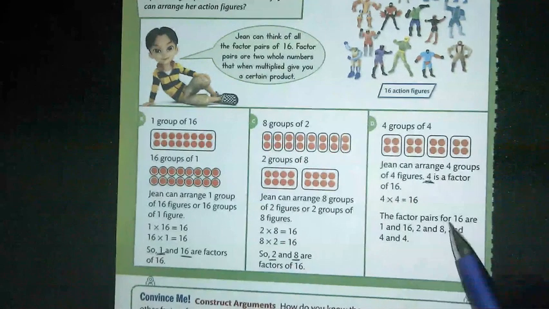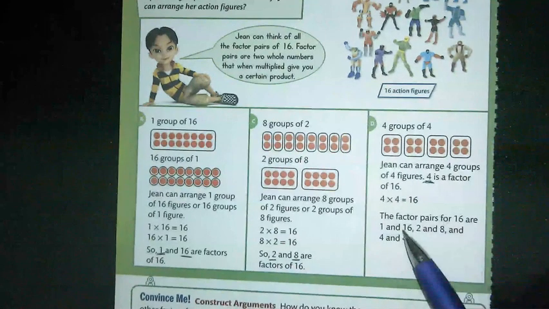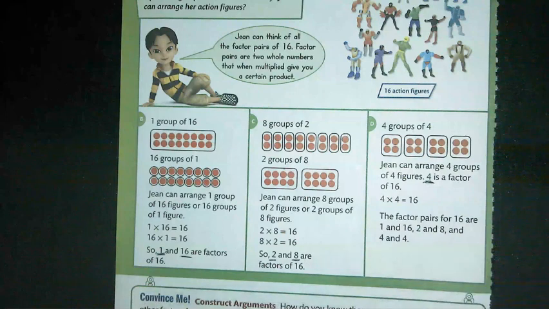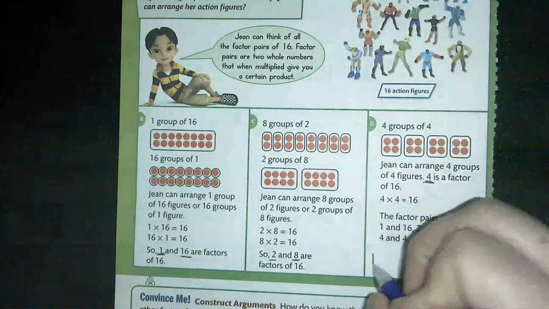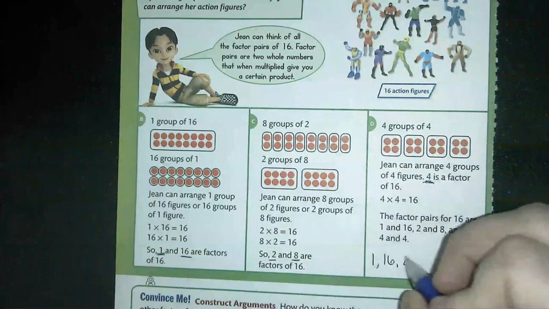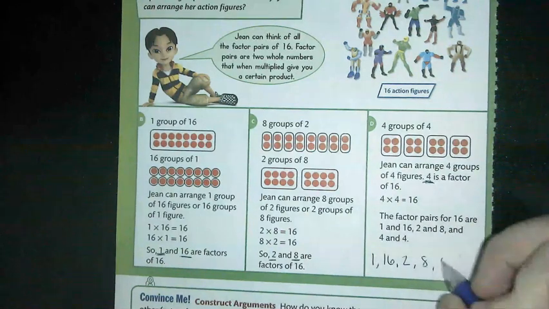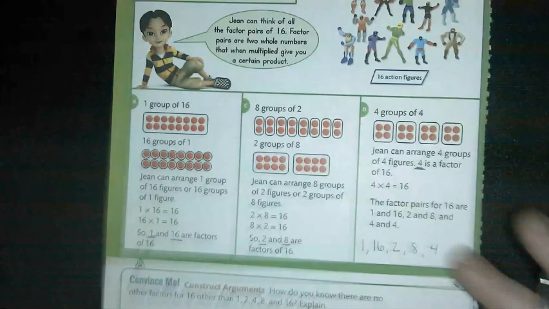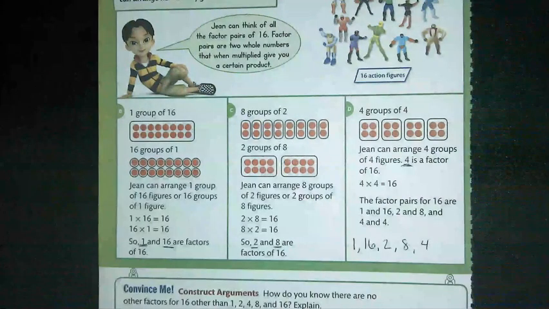The factor pairs for 16 are 1 and 16, 2 and 8, and 4 and 4. Our factors are what we just underlined: 1, 16, 2, 8, and 4. A lot of times when we do this, we like to put them in numerical order. It just helps us out.